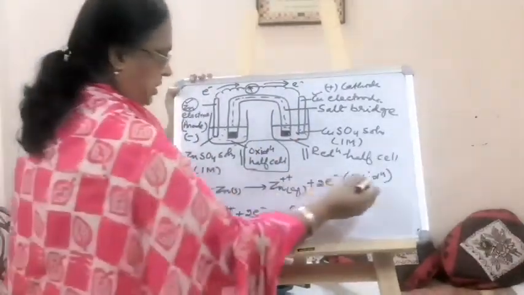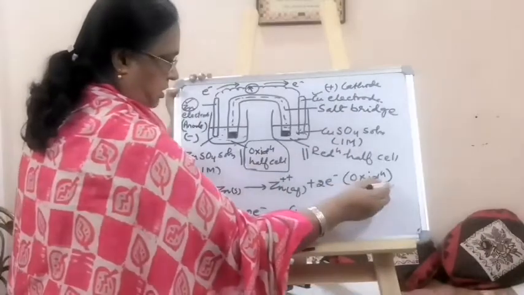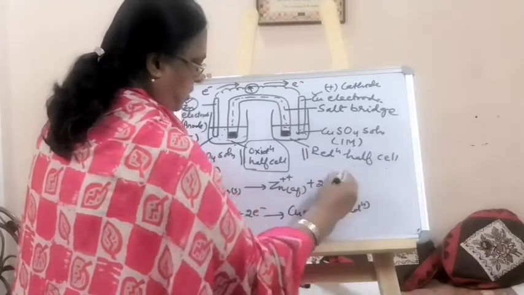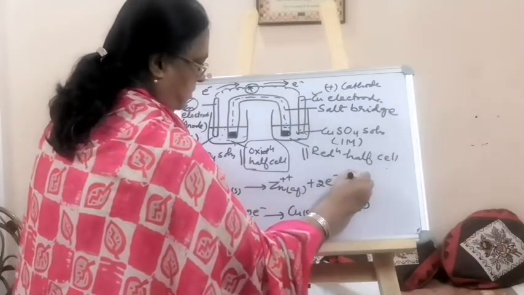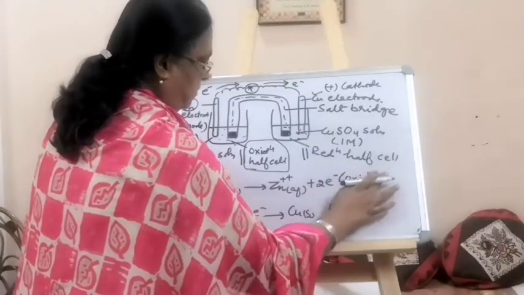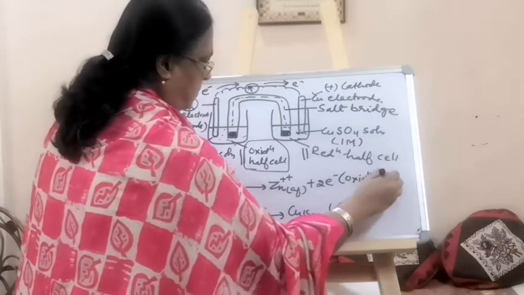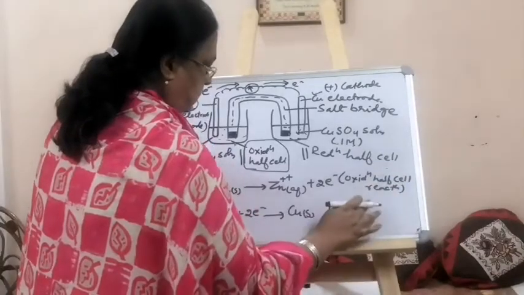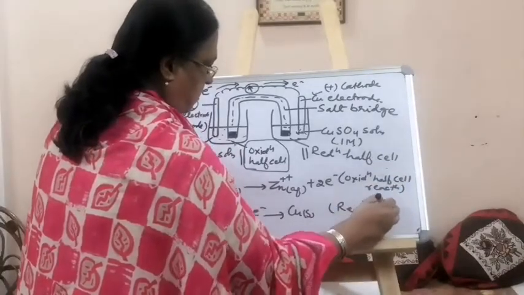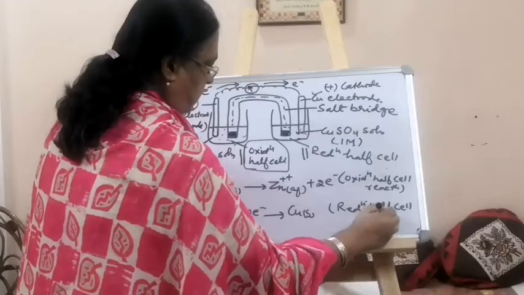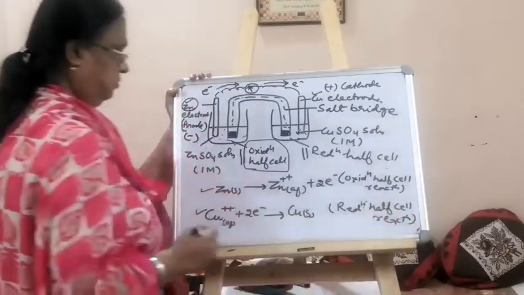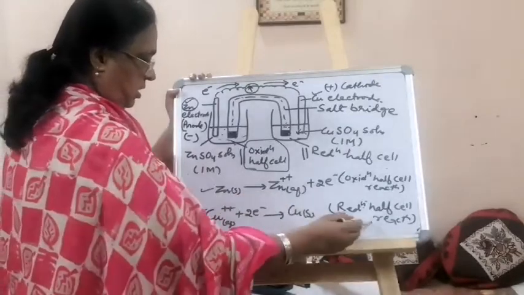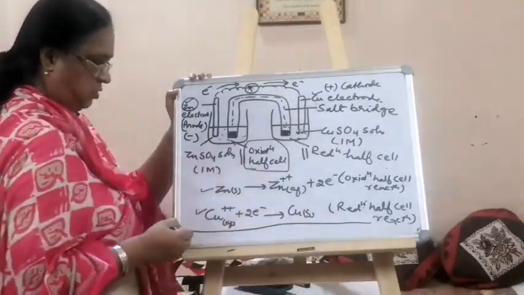So this reaction is called the oxidation half cell reaction, and this is the reduction half cell reaction, and then the overall reaction.